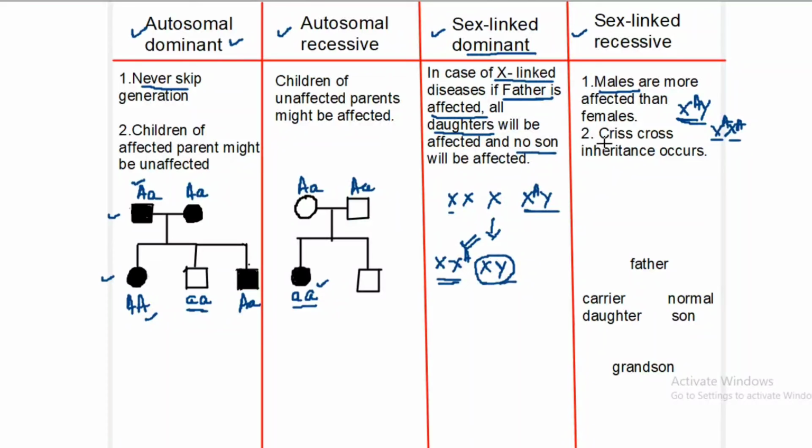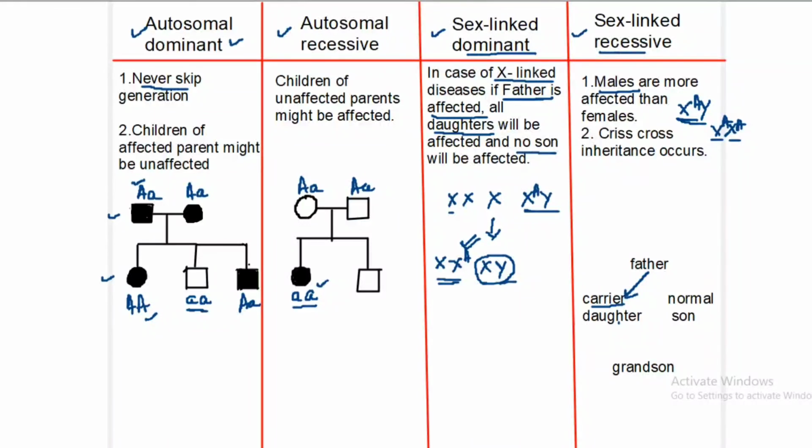And the last point is that crisscross inheritance occurs in the case of sex-linked recessive. What is this crisscross inheritance? Here the X chromosome from the father is always transferred to the daughter. Because it is recessive, the daughter will be a carrier. The daughter will not be affected because she contains only one affected X chromosome.